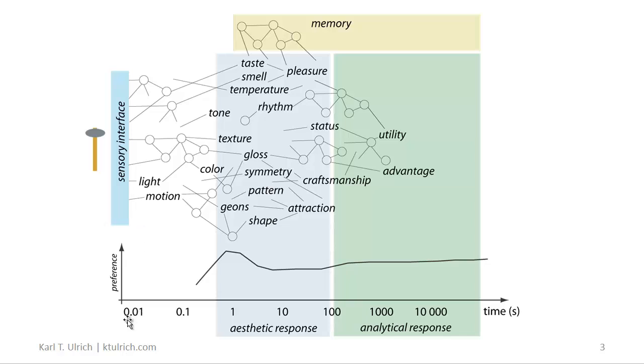And down here I've shown time, and preference, either attraction or revulsion to an object, to an artifact, changes over time. That is, we might start out reasonably positive on something. As time plays out, we might become more positive, and then as more time plays out, we might become more negative.